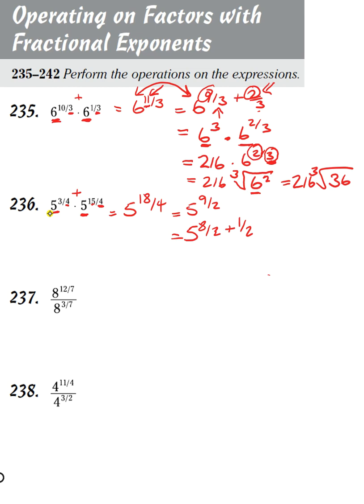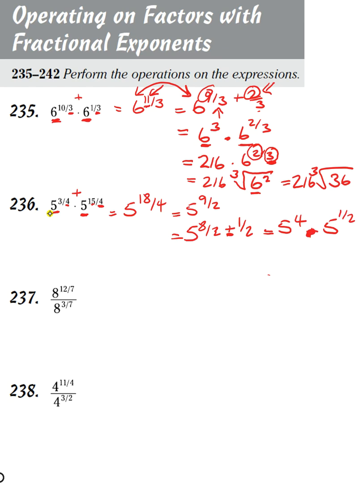So that's going to become, we get our whole number at last. We get our 5 to the power of 4, plus, we separate it out again, plus 5 to the power of a half. Oh, it's plus. What do I mean plus? It's multiplied. I get confused with that.